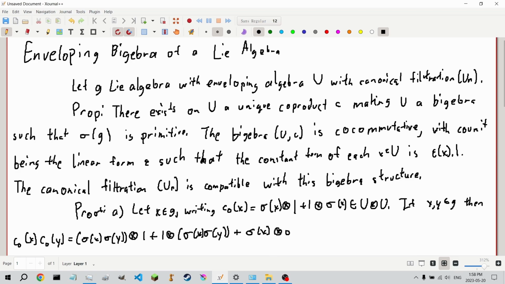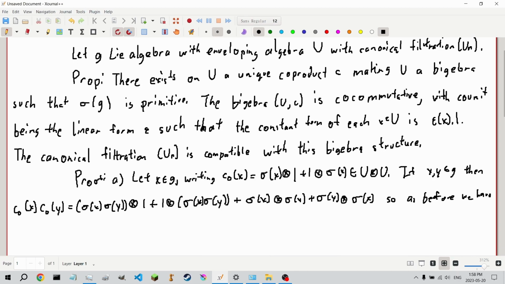Sigma x tensor sigma y plus sigma y tensor sigma x, so as before, if you recall last time, we had a similar construction, and we see that the bracket is going to get pushed to the left and right of the 1, and the x tensor y and y tensor x are going to cancel each other out when we flip, so we're left with the bracket of C0 x and C0 y just being C0 of the bracket of x and y.